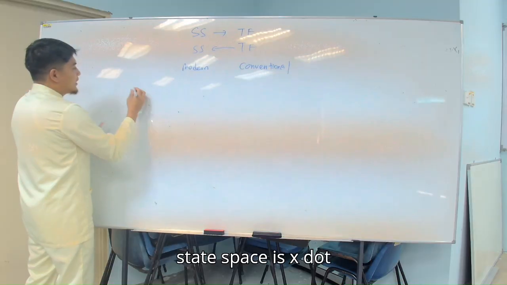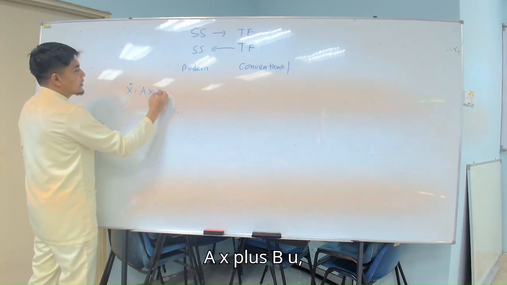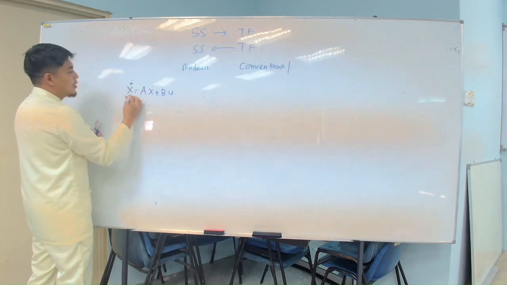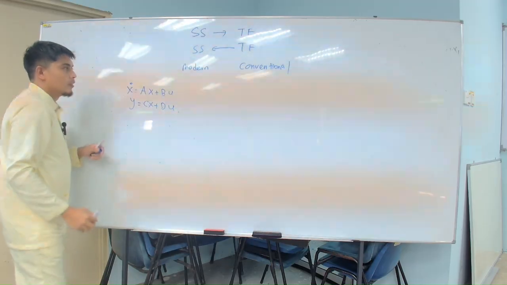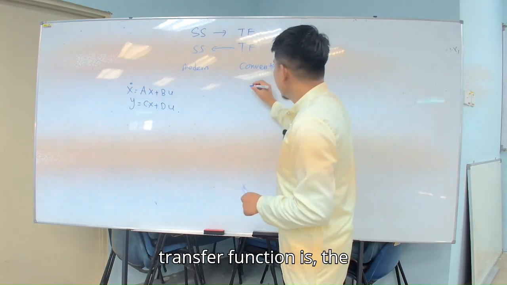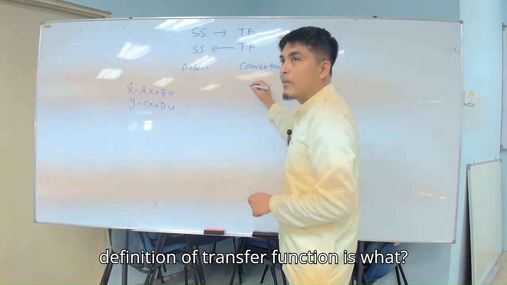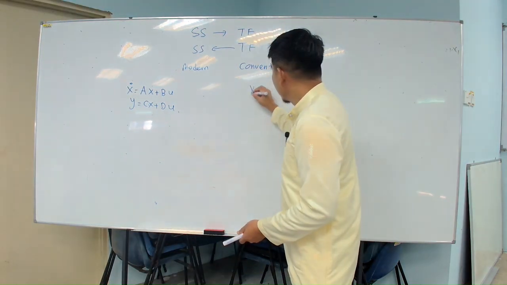state space is x dot equals Ax plus Bu, y equals Cx plus Du. Alright? And then the definition of transfer function is what? Output divided by input.